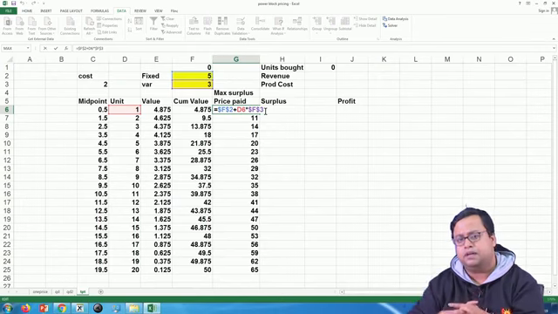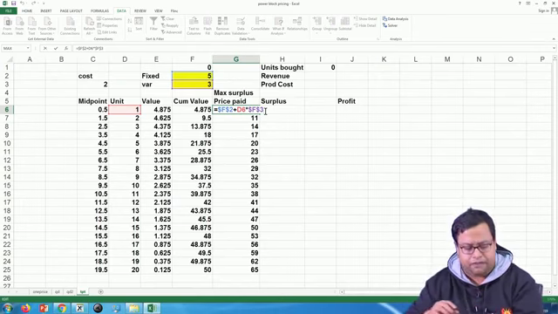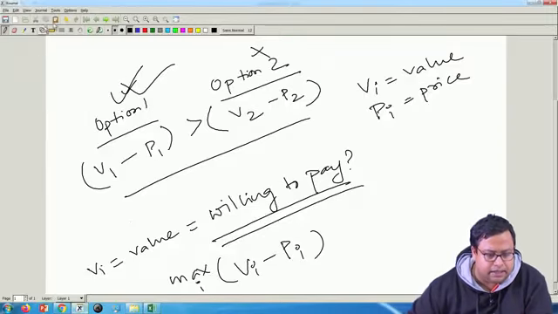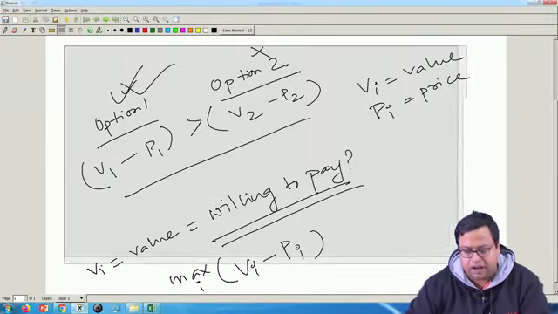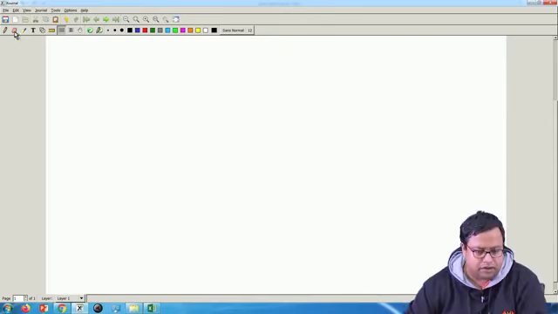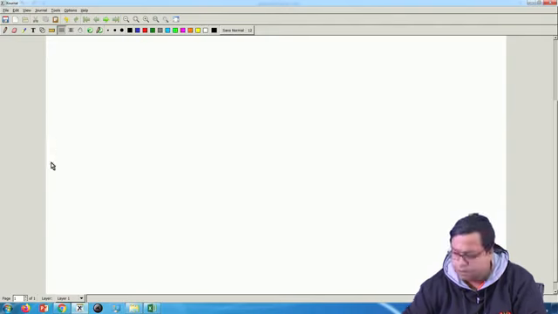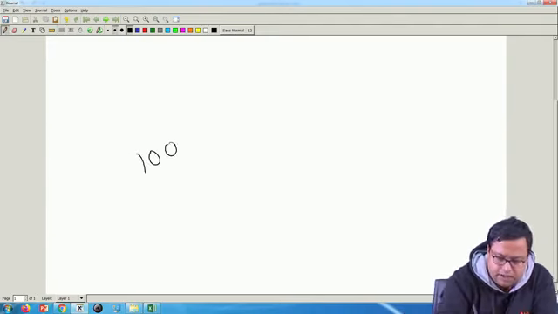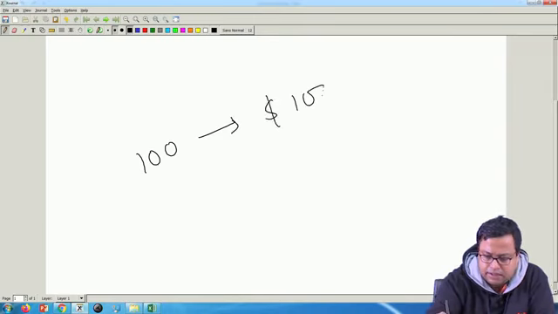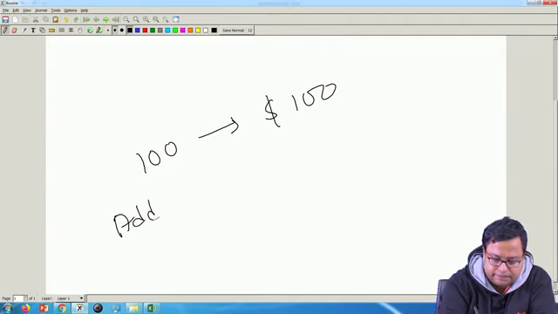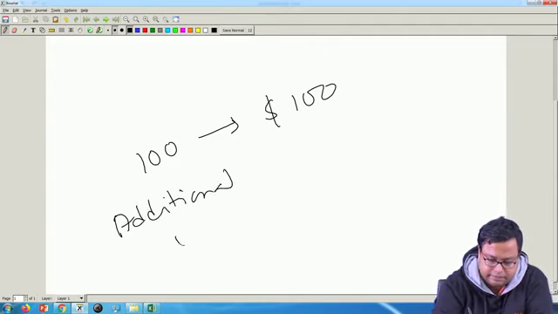For example, this is very common, I will give an example: you might have to pay for the first 100 units, it is fixed. For the first 100 units you pay, let us say, $100, and then for every additional unit you pay $2 per unit.